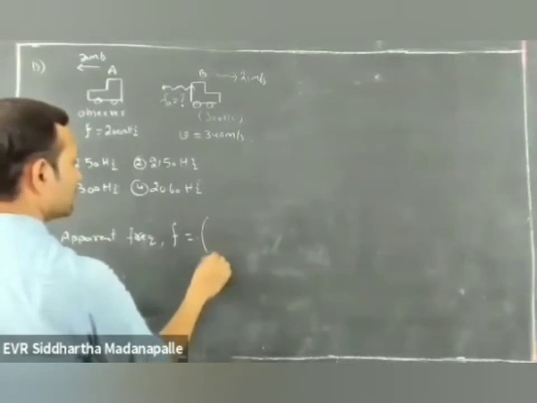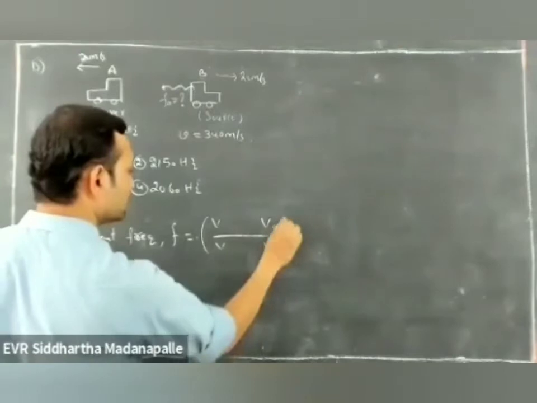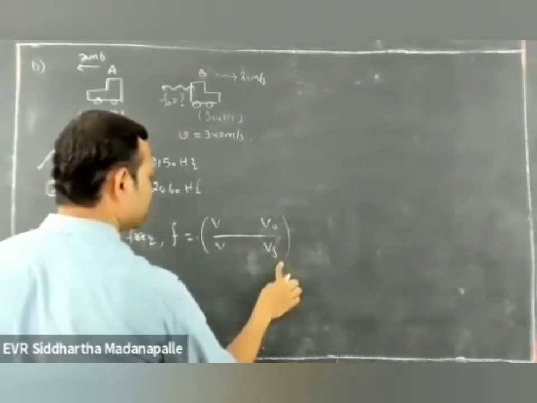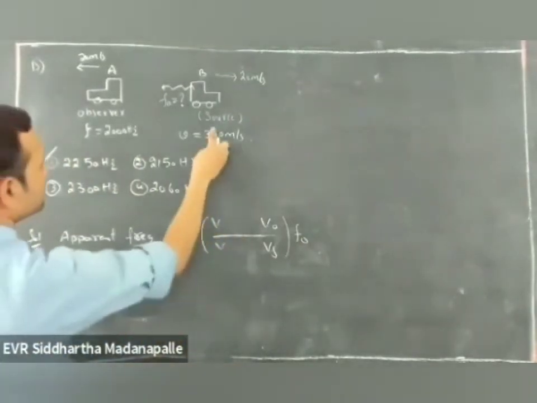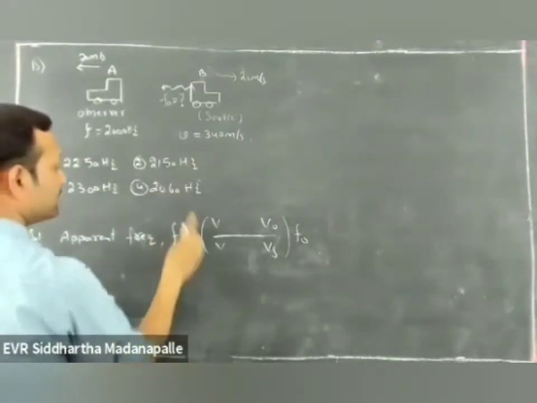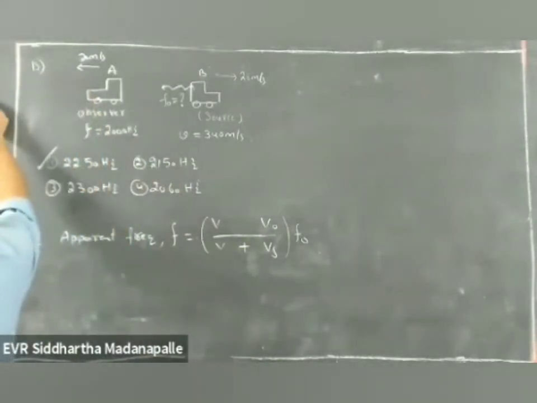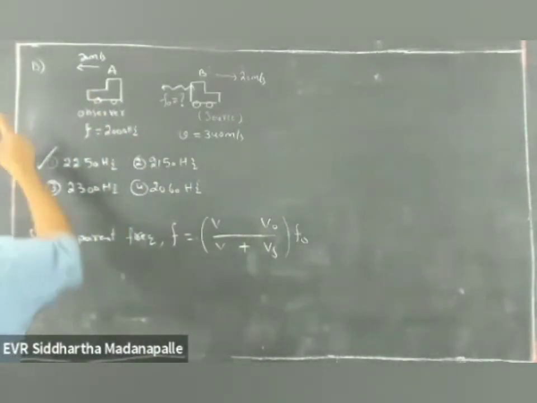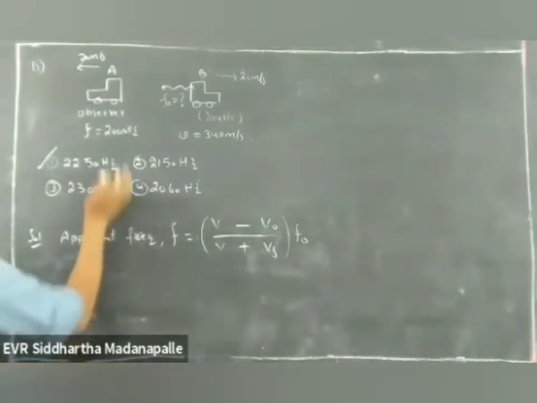What is the basic formula, V naught, observer, source, into F. Now here the source is moving away. Source moving away means frequency decreases, frequency decreases means the denominator is positive. Observer is moving away means frequency decreases, frequency decreases means the numerator is negative. So this is the apparent frequency formula in this case.